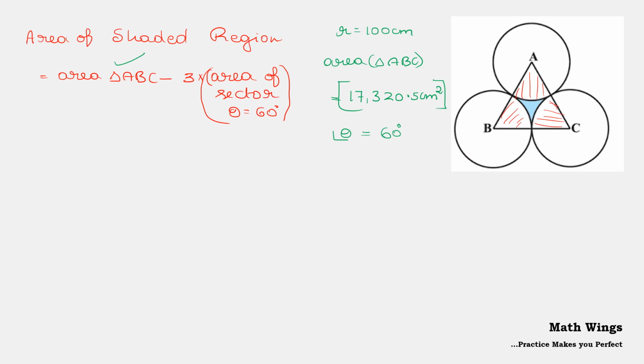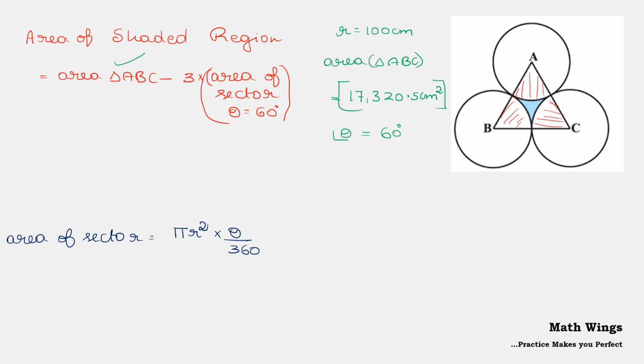What's the area of the sector? The area of the sector is equal to pi r square into theta by 360.